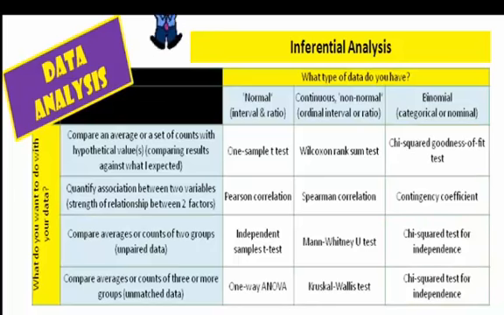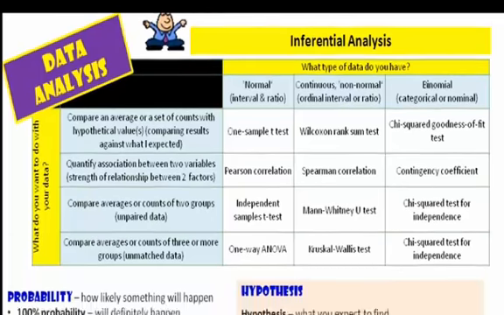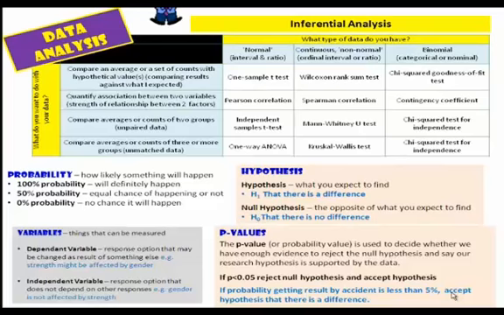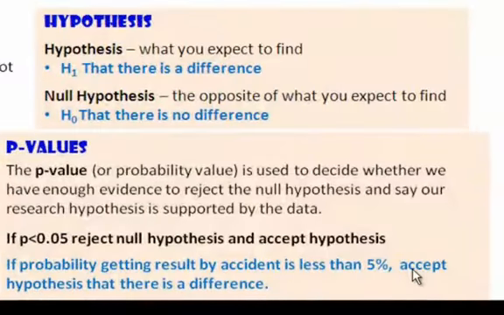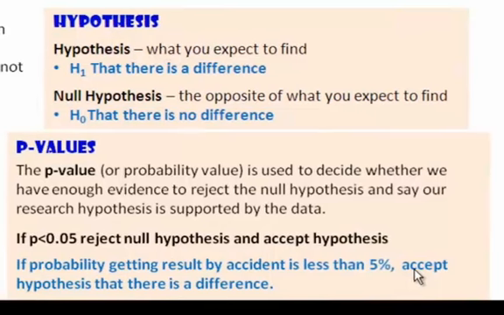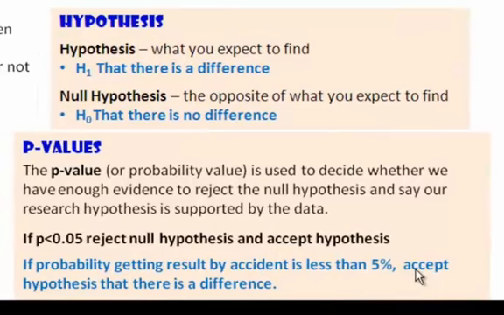So my test is going to be chi-squared, and I input my data into the computer with a hypothesis that there is a difference, time of day does make a difference, and a null hypothesis that time of day does not make a difference. And then I can use the answer that comes out, the p-value, to decide whether or not there's a difference.